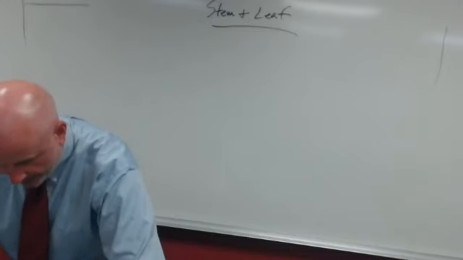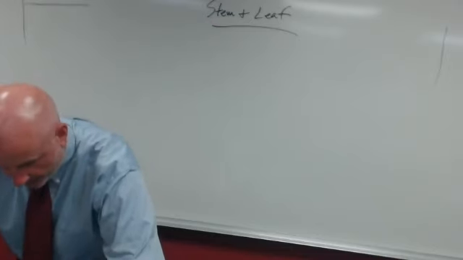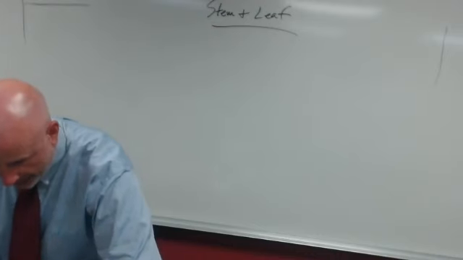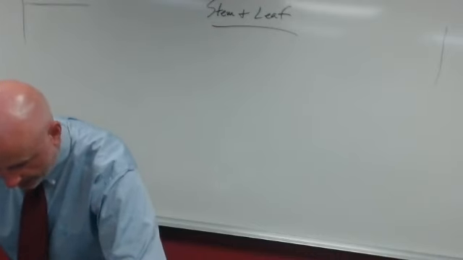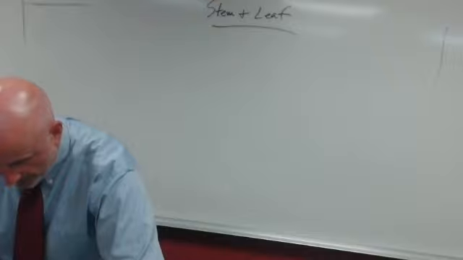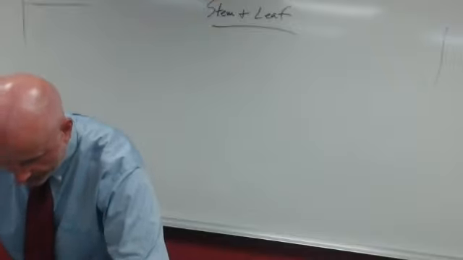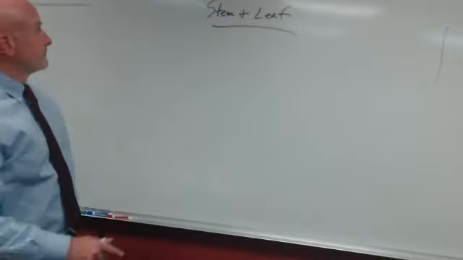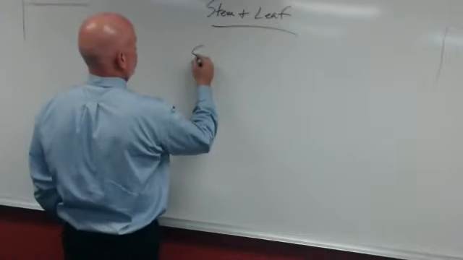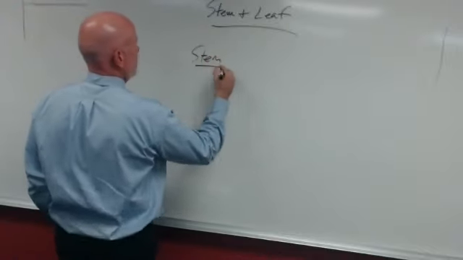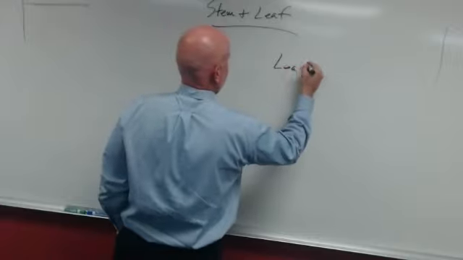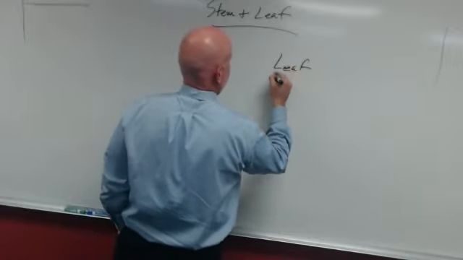Organize the data into a stem and leaf display, and around what values do the numbers of advertising spots tend to cluster? What is the fewest number of spots purchased by a dealer? First thing, we're going to create the stems and the leaves.